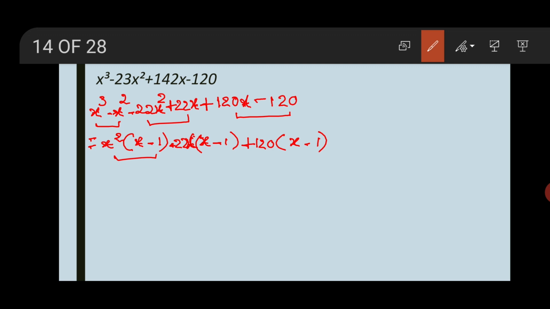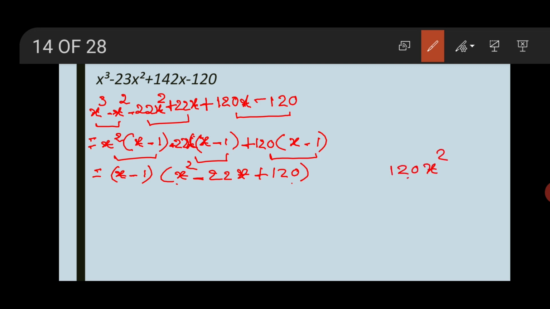Now in 3 terms, common factor is x minus 1, take outside, x square minus 22x plus 120, a trinomial, is inside the bracket. Now factorization of a trinomial, first and last term product is plus 120 x square.